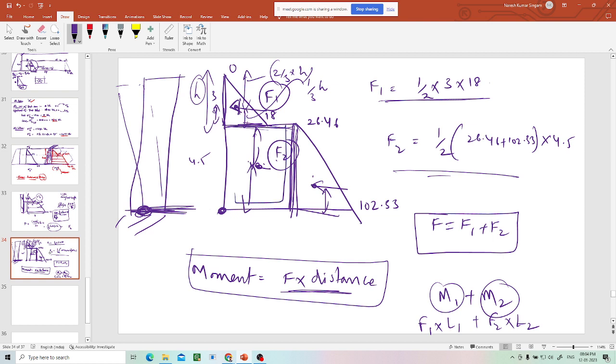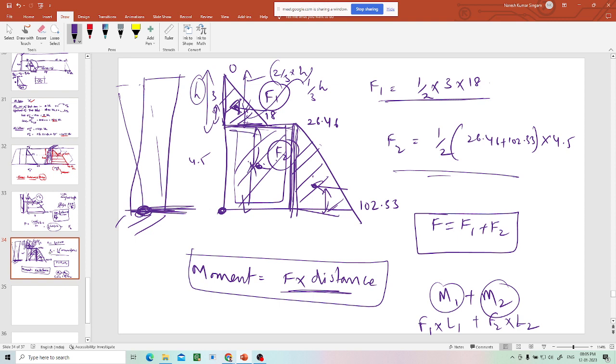Area of this diagram will be F2. Area of this diagram will be F3. Area of this diagram will be F1. You know the location of F, you know the total force, you can find out the moment about any point on this retaining wall. So that's how the calculation of earth pressures, earth forces, and moment due to earth pressure at the bottom of the retaining wall.